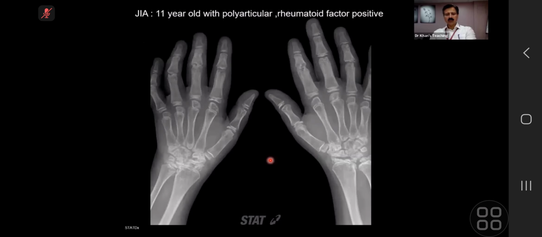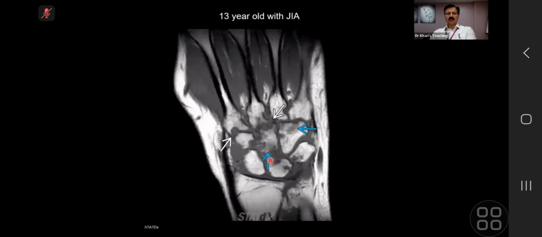Well done. Now, just to make a point that sometimes in JIA, particularly in early teenage or late teenage, you can see findings of erosion also, just like adult. Nobody is going to show you this in the exam. If they want to show you in the exam, they will show you this in enlarged epiphysis or what we call periosteal reaction.